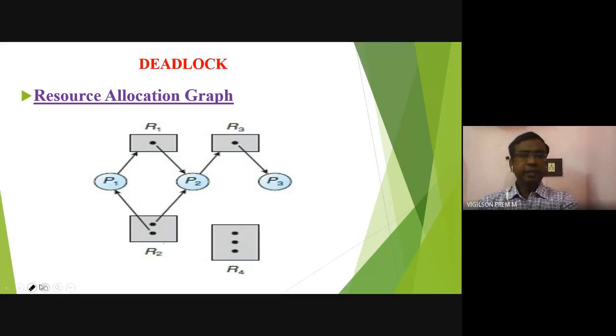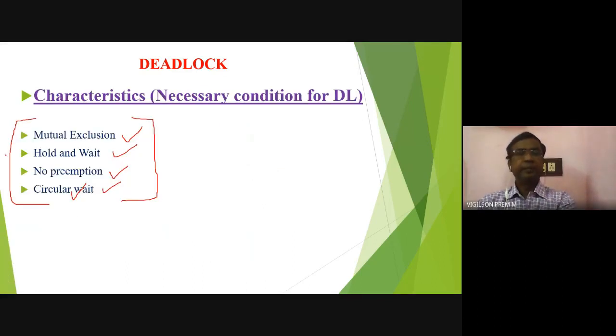How to check whether deadlock exists or not? Let me explain. See, what is the first condition? Mutual exclusion. Mutual exclusion means when one resource is used by a particular process, other processes are not allowed to use the resource. This is a common default fact we cannot change; this condition we cannot eliminate.